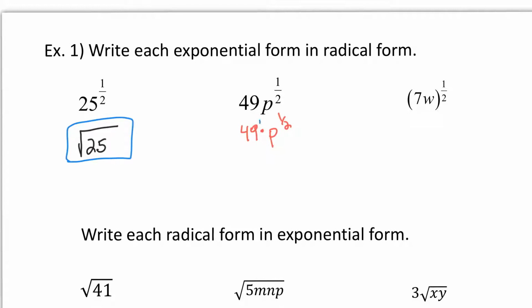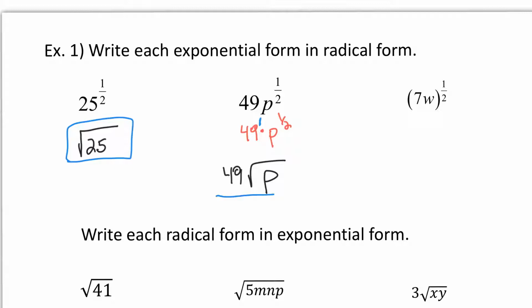So I'm going to put a 1 here. And what that means is only the ones that have the exponent of 1/2 go inside of the radical, the square root. And the only thing that has a 1/2 power or exponent is p. So you will have your radical here. P goes inside, but the 49 is going to go outside because it has an exponent of 1, so you don't need the radical around the 49.